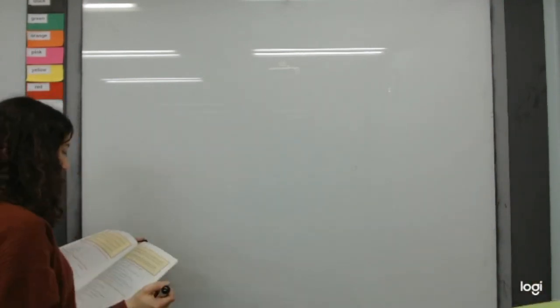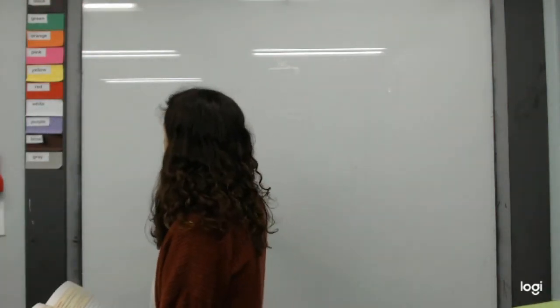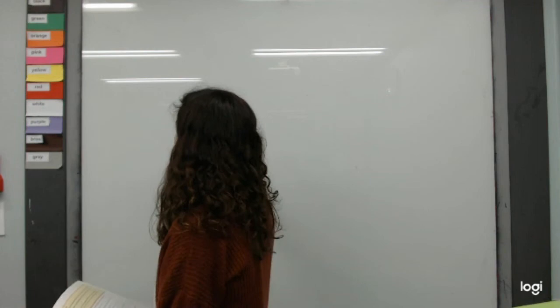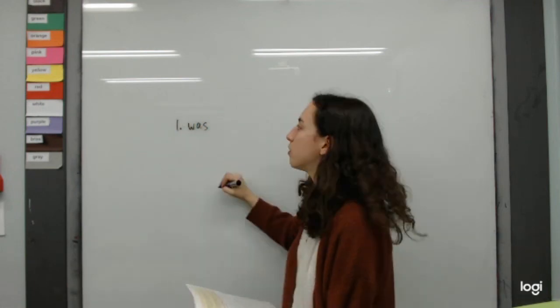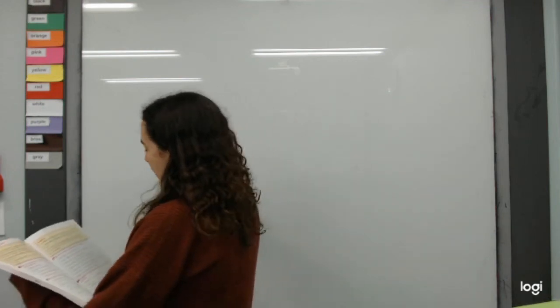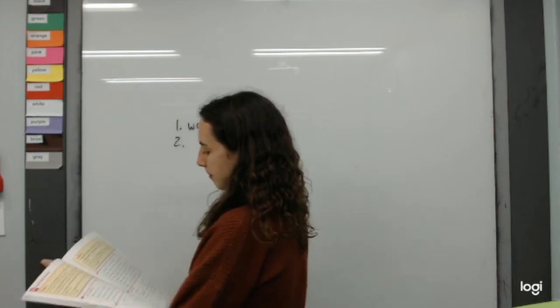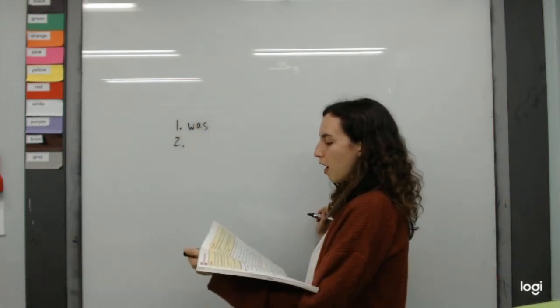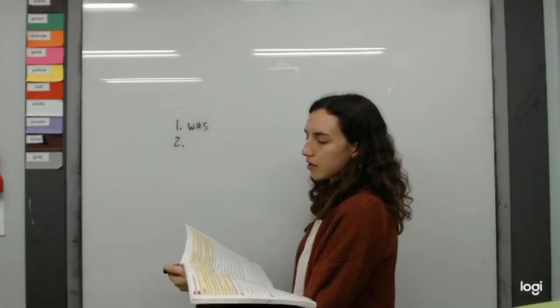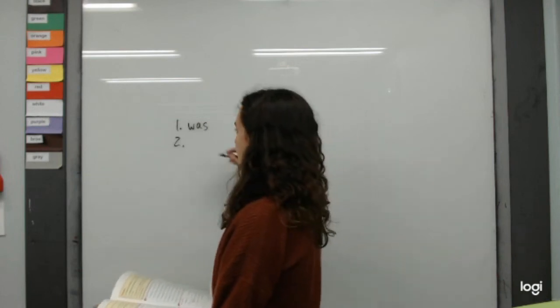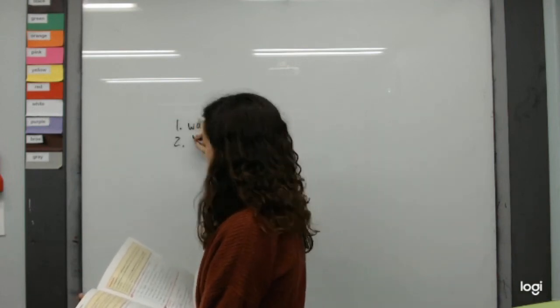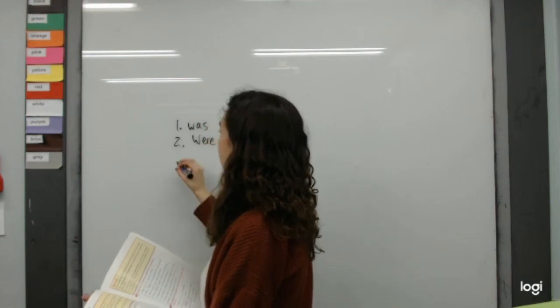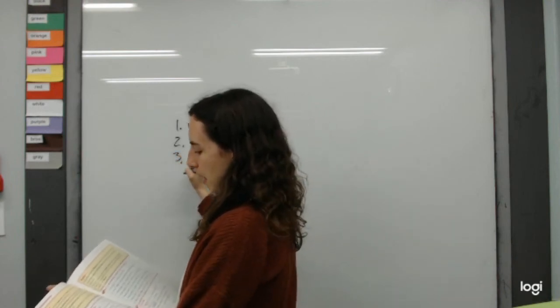Okay, so page 93 finished. Let's check. So number 1, we have she. Because she, born, we always use past with born. So she was born in 1998. Elephants 50 million years ago. So this one, it's in the past, so we say were, because elephants are many and it is past.